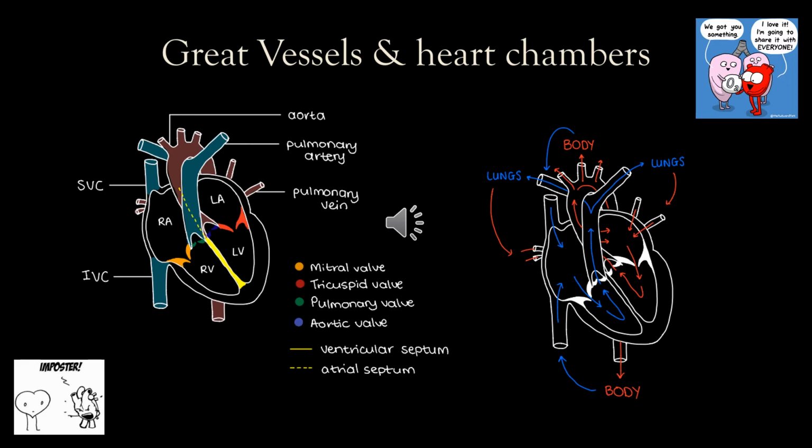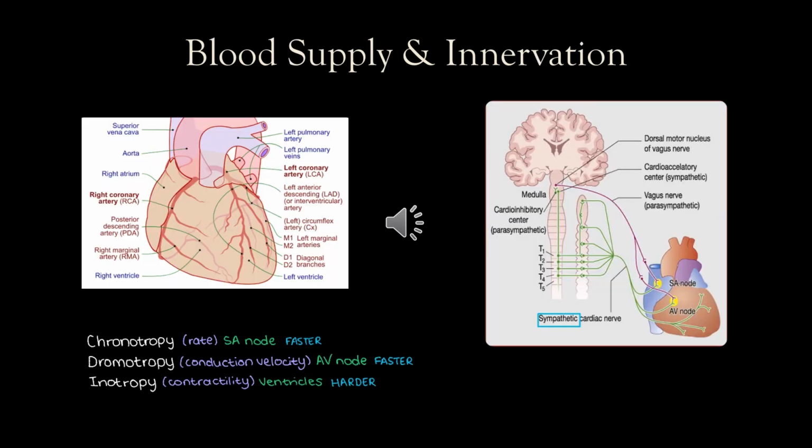The atria and ventricles have many structures which aid their function and which help you as a student to identify them during your exams. Like all organs, the heart has a blood supply and innervation. The heart mainly receives parasympathetic innervation from the vagus nerve, cranial nerve 10, which decreases the rate of the heart as well as decreases atrial contractility.